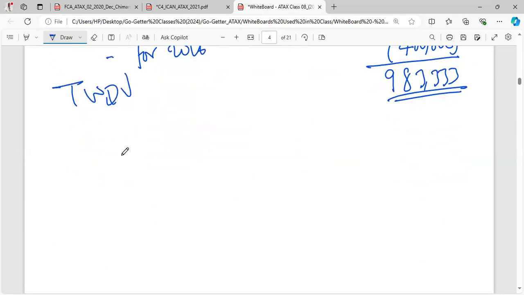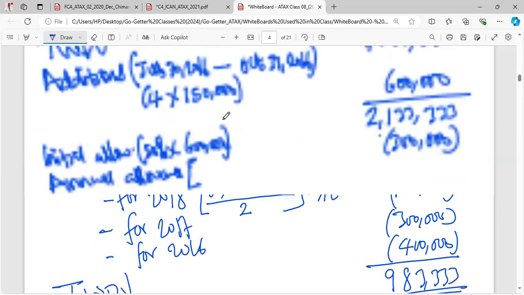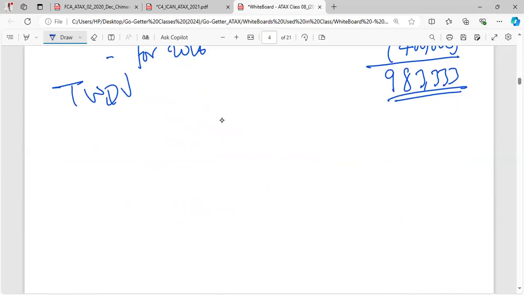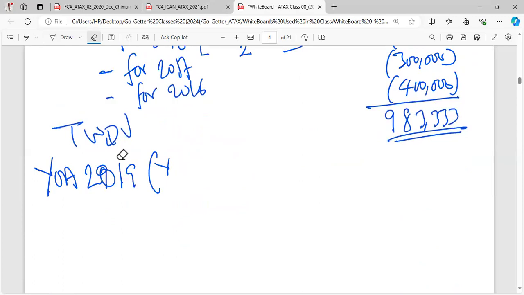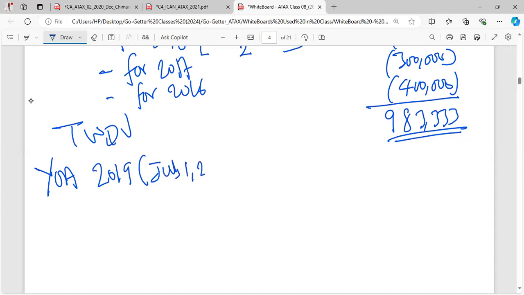Now, even though that is the period you finish paying, you will still come and do one more year, the 2019 year of assessment. The basis period will be July 1, 2017 to June 30, 2018.